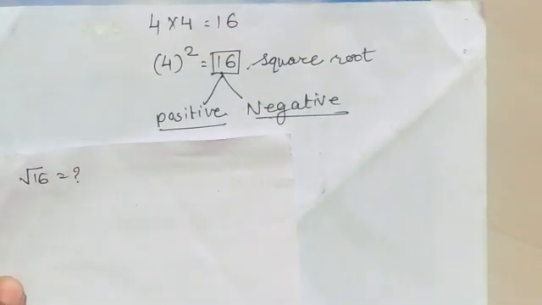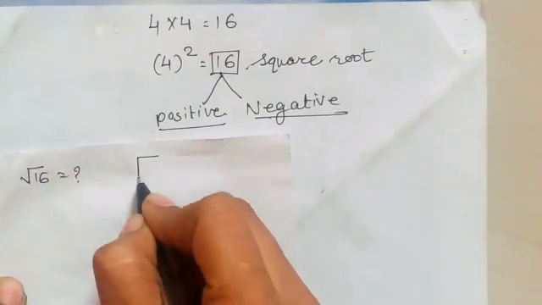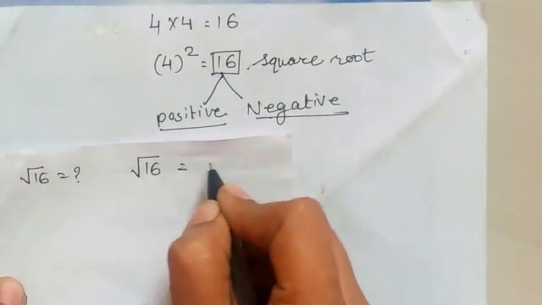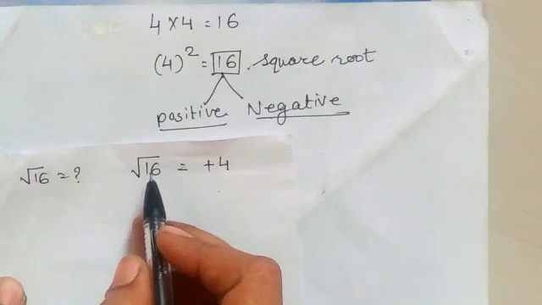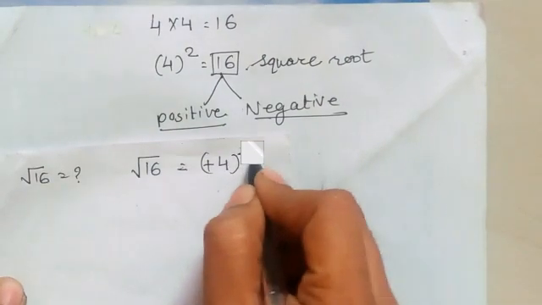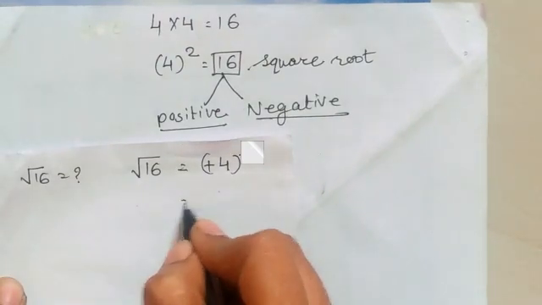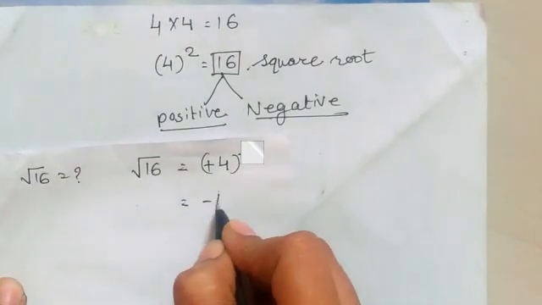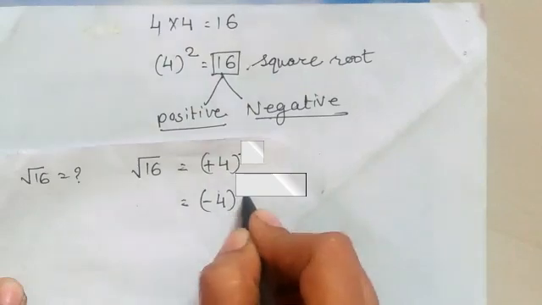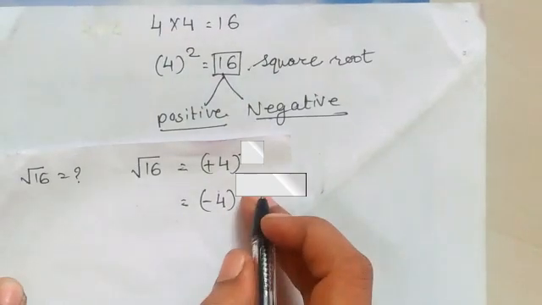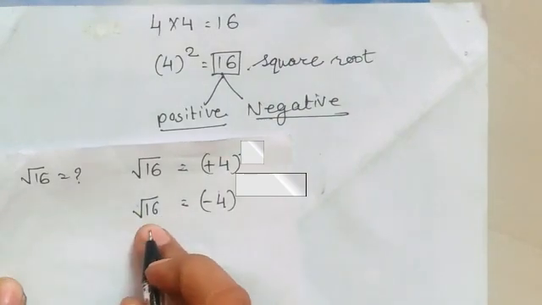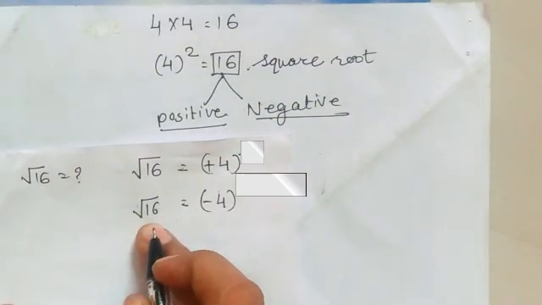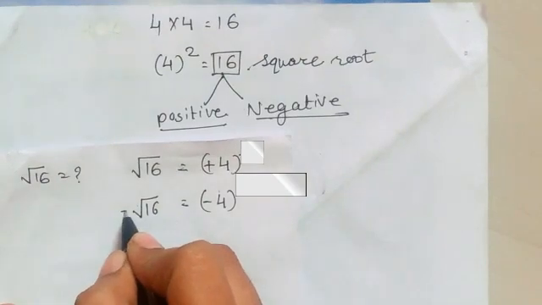For that, if the square root of 16 is positive 4, then the number 16 does not have any symbol. But if this 4 is negative, then negative 4 squared is also the positive 16, but in a mathematical way it is written in this format.